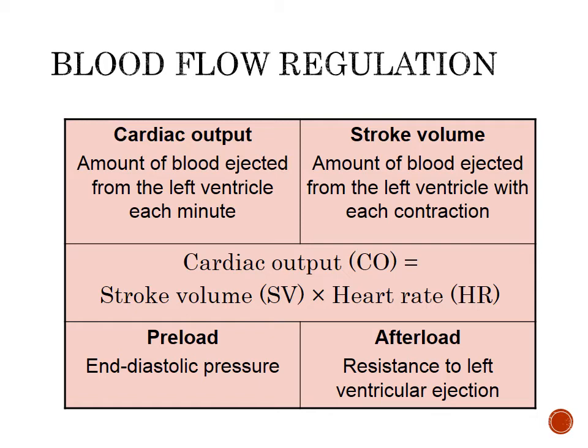Hemorrhage and dehydration cause a decrease in circulating blood volume and a decrease in stroke volume. The amount of blood that's in the left ventricle at the end of diastole is known as your preload. Resistance to the left ventricular ejection is your afterload. So remember your preload and afterload.